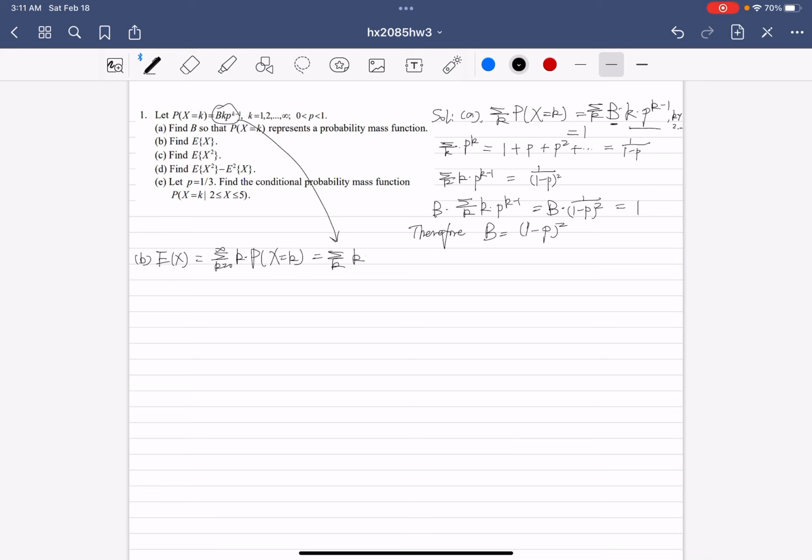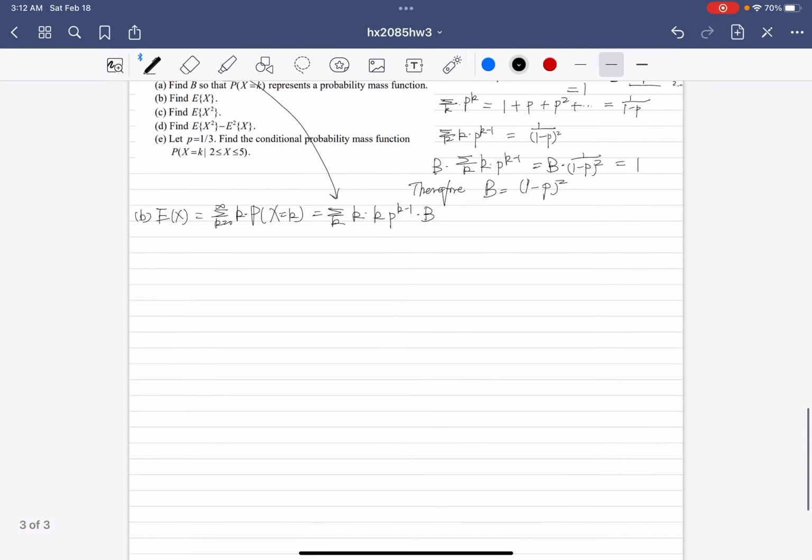So k times k times p to k minus 1, times b, is the sum of b times k squared times p to the power of k minus 1.